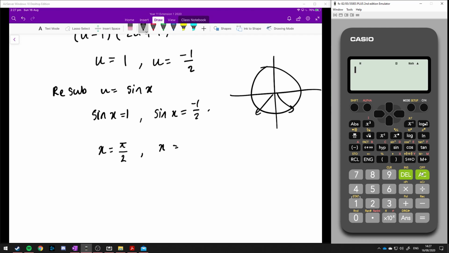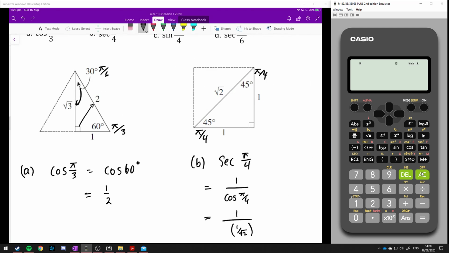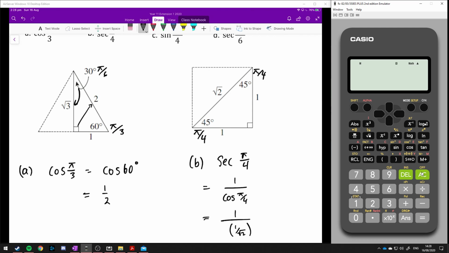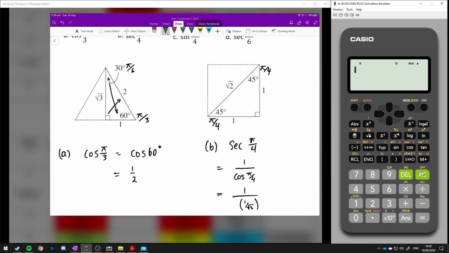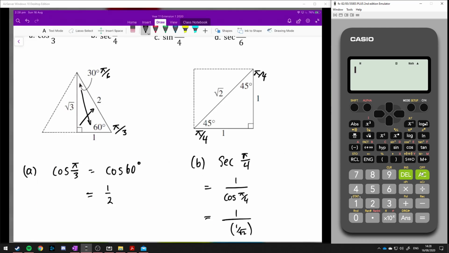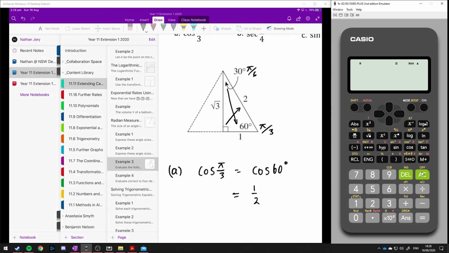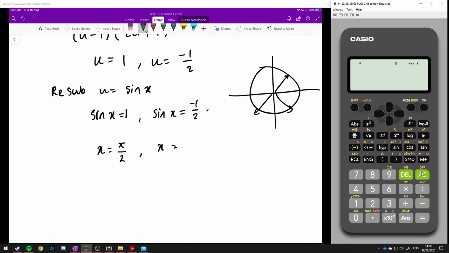Okay, I'm going to have to go back to the exact values for these ones. So my half is over in this triangle here, and I want 1 on 2, so 30 degrees, so pi on 6.